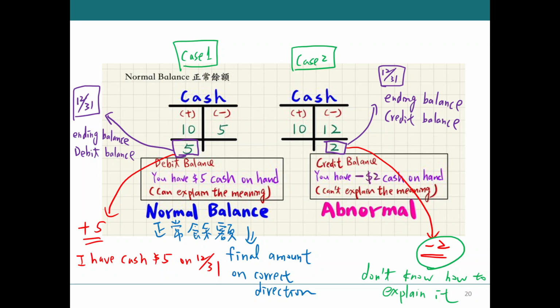So how about minus 2? I don't know what it means. So we call it abnormal, 异常余额.